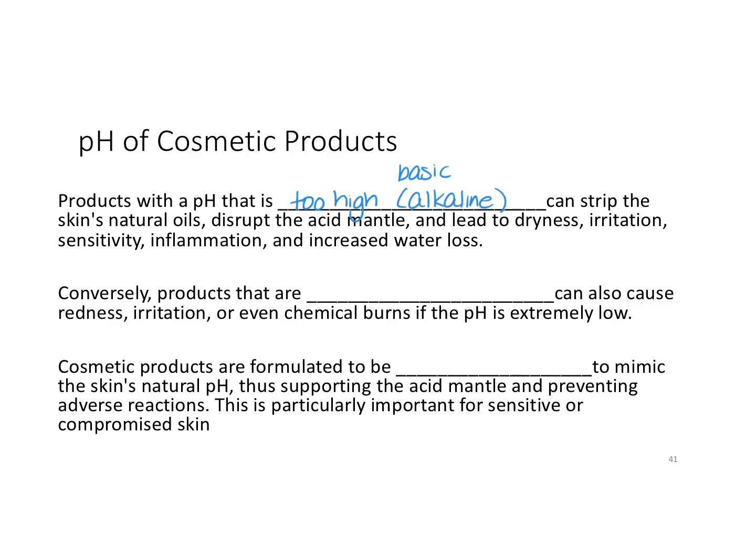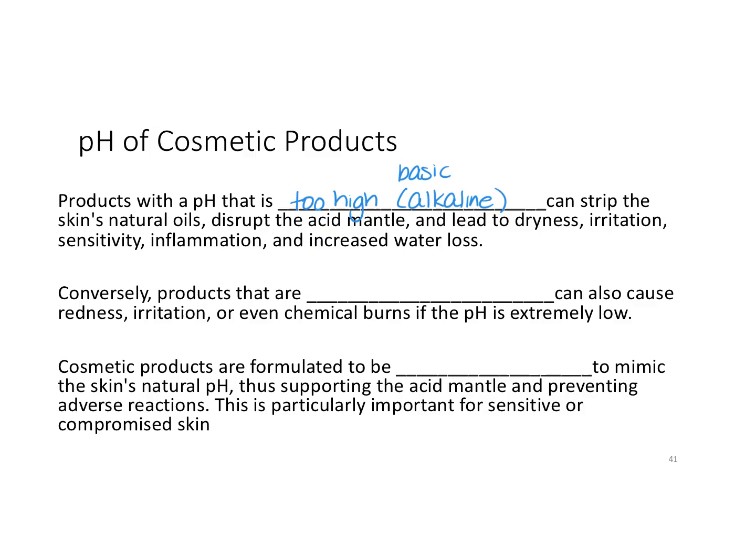You hear the word alkaline used. It basically strips the skin's natural oils and disrupts that acid mantle. Now that to us leads to things like dryness and irritation, inflammation, sensitivity, increased water loss, eczema. Those are the things that you'll see if you've got this basic product that you use over and over that changes the pH of your skin.